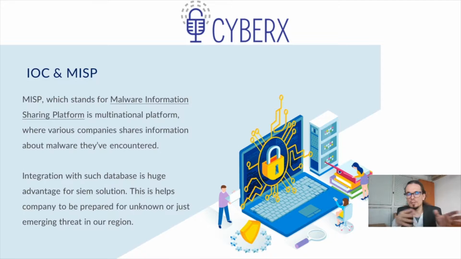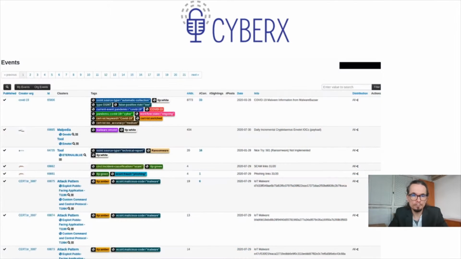Now, every other company that is connected to the MISP can download that information, and when the threat travels from Poland to anywhere else in the world, the companies that are connected to the MISP will already have the information about that new threat and will be able to defend better against it. They will know how it behaves and what precautions to take to avoid being compromised.